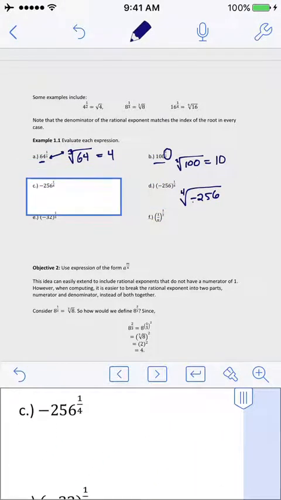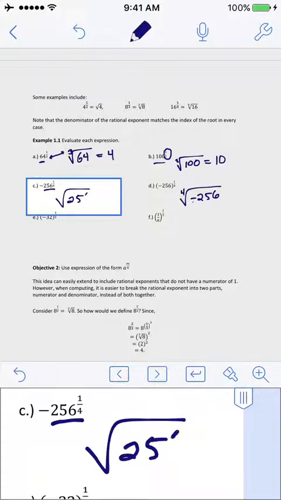Comparing that to C, remember if there's no parentheses in front, then only the 256 ends up under the radical. Still the same index, but the negative stays on the outside, and we arrive at the negative root.